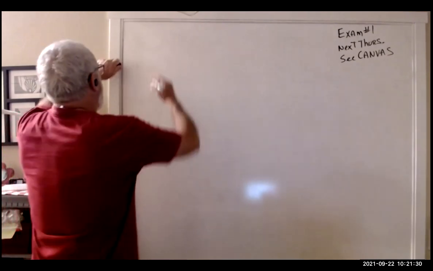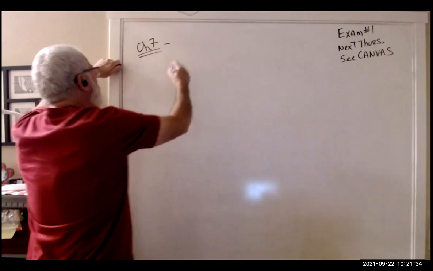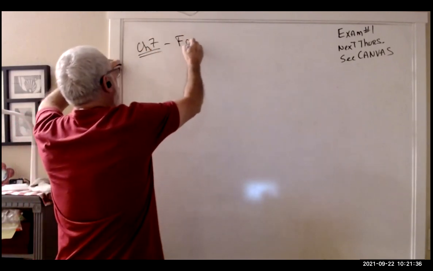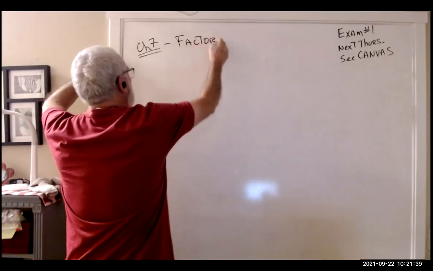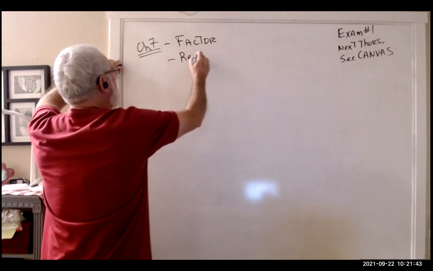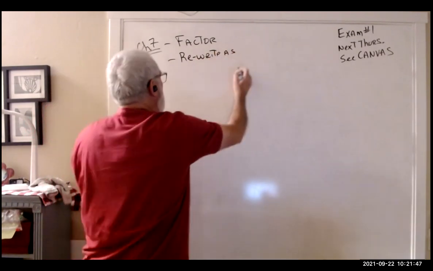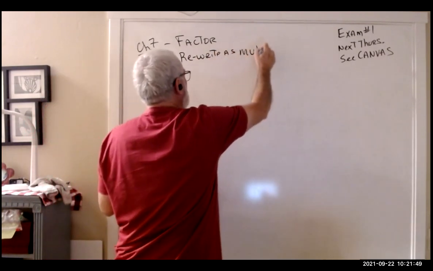Okay. We're going to start chapter 7. And the main thing in chapter 7 is all about something called factoring. Factoring means to rewrite as multiplication.